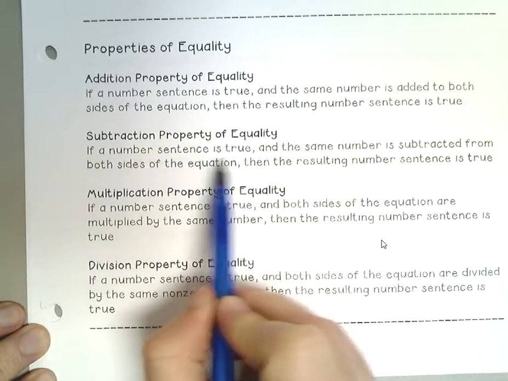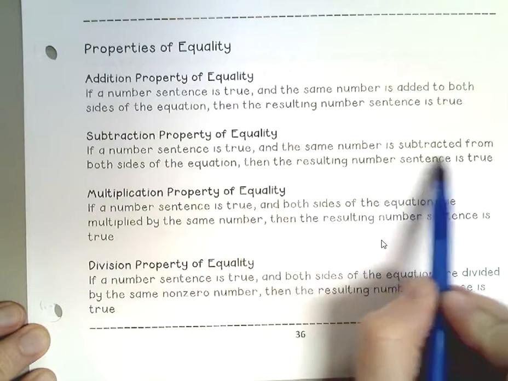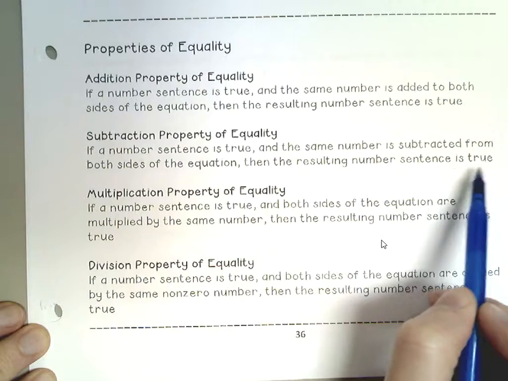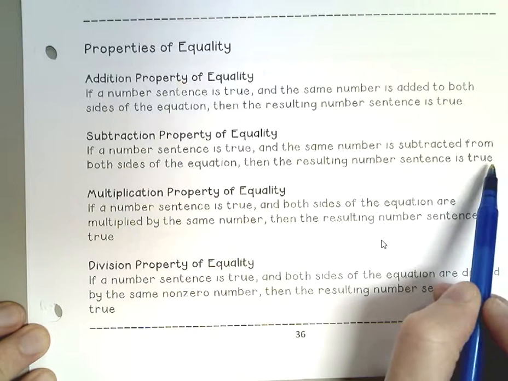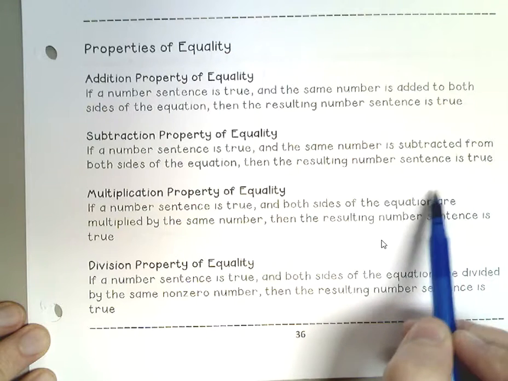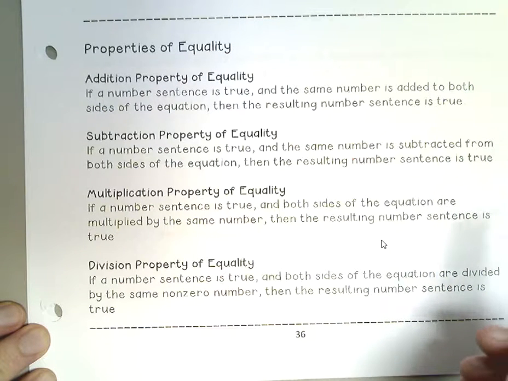If a number sentence is true and the same number is subtracted from both sides of the equation, then the resulting number sentence is true. Same thing happens with subtraction. If I subtract one number from one side of my equation, I subtract the same number from the other side of the equation, and my expressions are still going to be equivalent.